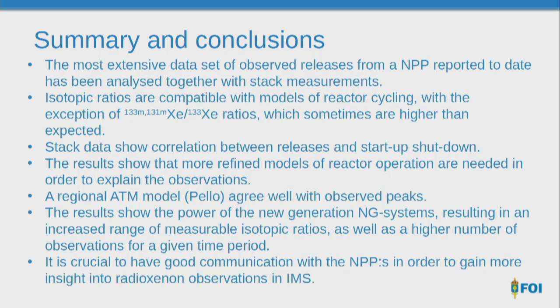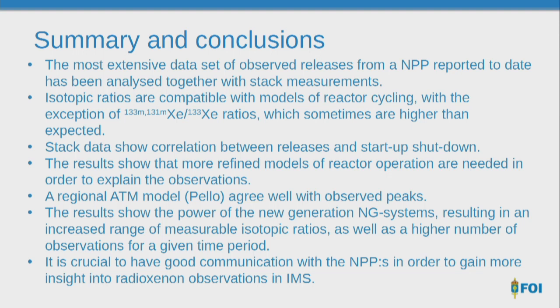So this is a summary. This is the most extensive set of observed releases from a nuclear power plant reported to date. We have analyzed this together with stack measurements. We see reasonable agreement with models and isotopic ratios, but we see some higher metastable ratios. We see correlation between stack data and startup and shutdown.